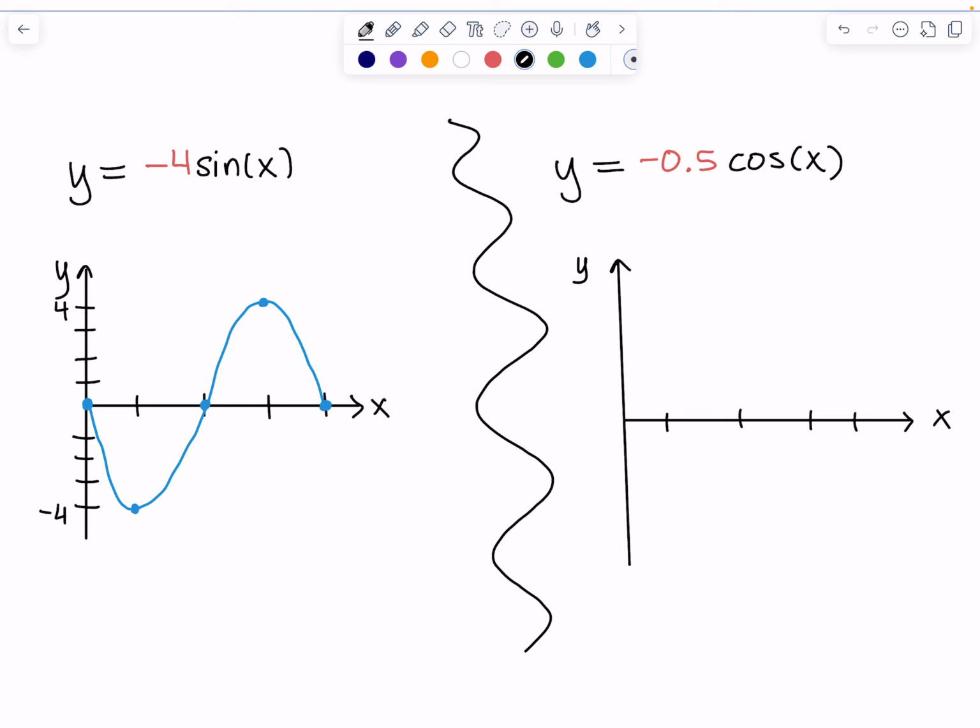And then for cosine, it's going to be even smaller in terms of its height. It's going to have a max of 0.5 and a min of -0.5. And it's also being reflected, so it's going to start at that minimum of -0.5, -1/2. Then go to the middle, up to its max of 0.5 or half, back to the middle, back to the min. So minimum, midline, maximum, midline, minimum.